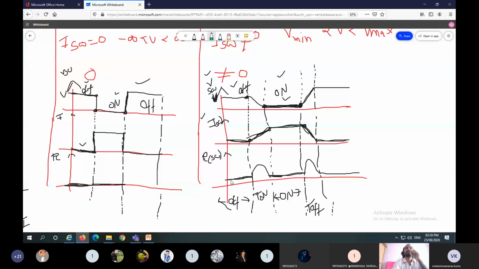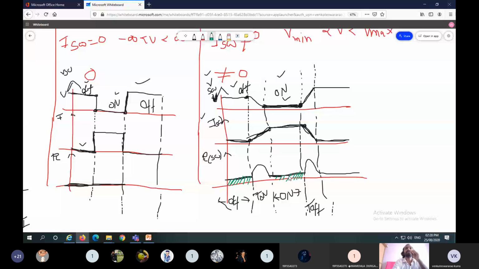So here, the losses in the off state and on state due to flow of current, or steady state losses, are known as conduction losses. This loss plus this loss is known as conduction losses.